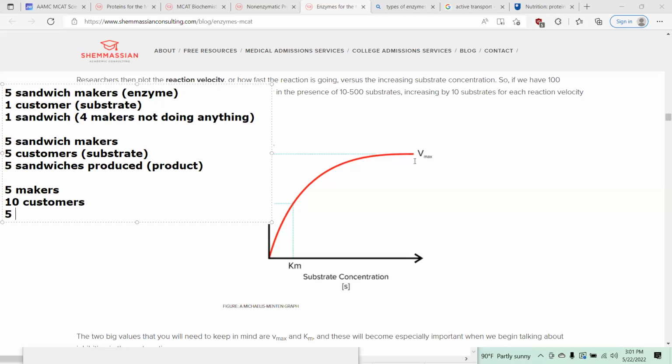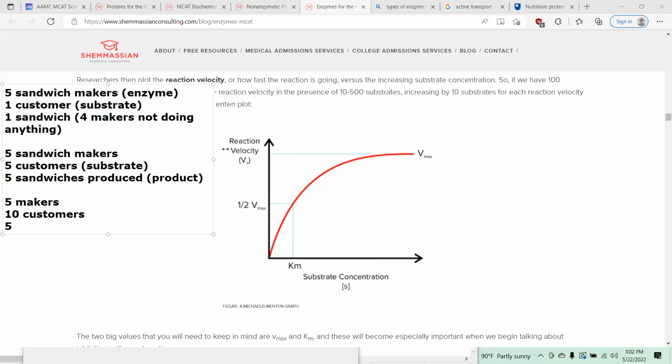That is why at Vmax, if you crank up the substrate concentration, you no longer increase the reaction velocity, because all the enzymes are occupied, so you can't make any more product. So this is what this graph is essentially telling you. At a very low substrate concentration, not all of our enzymes are occupied, so we can continue to speed up our reaction if we add more substrate, and more substrate binds to more enzymes.